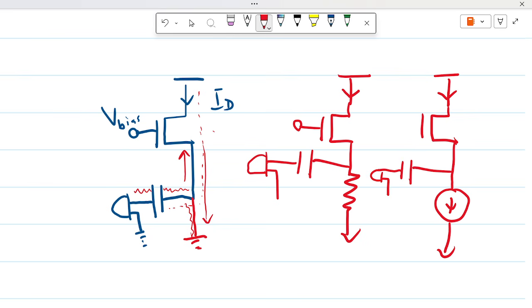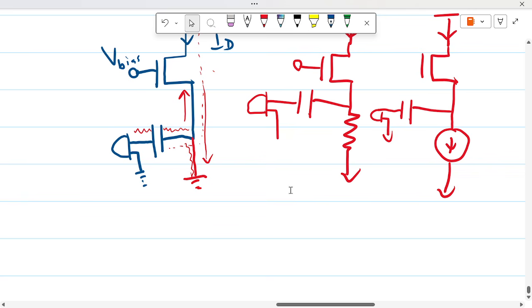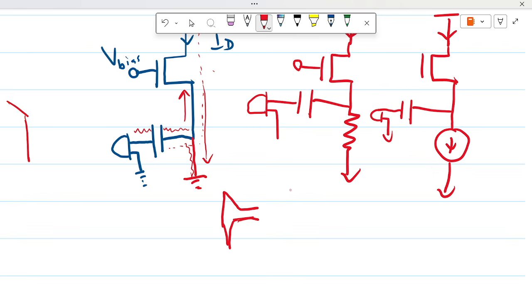And this is very crucial, especially in antenna applications. In antenna applications, the antenna itself creates a form of capacitance, so the antenna usually looks like this, something like this.